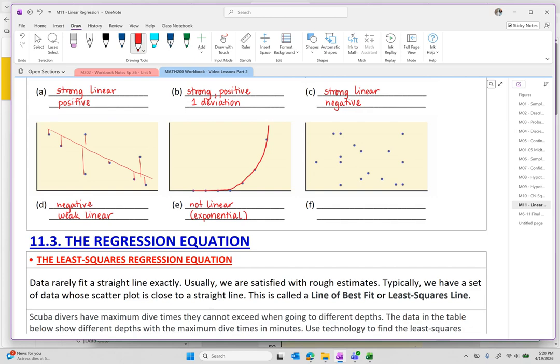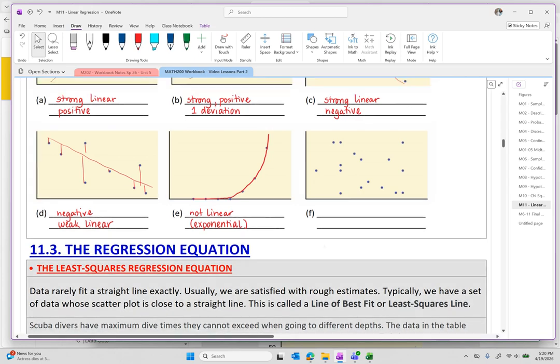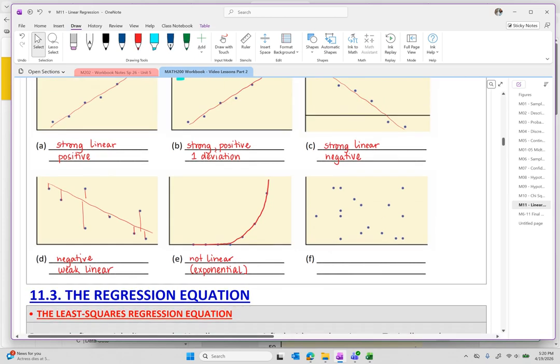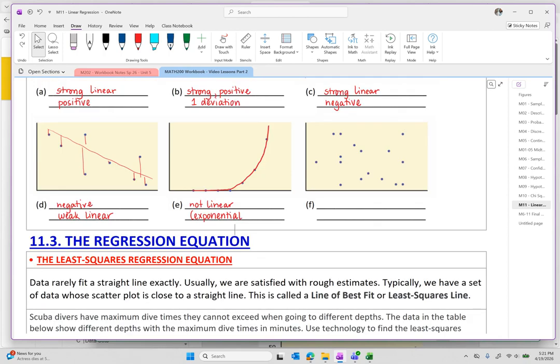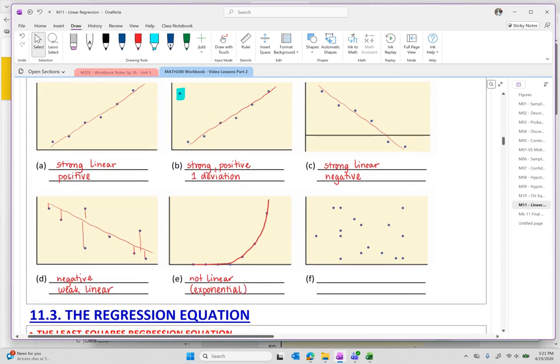And F looks like the points are hovering over the first quadrant of our system, and that does not indicate some kind of trend. I cannot say that it is increasing. I cannot say that I see a decreasing pattern.